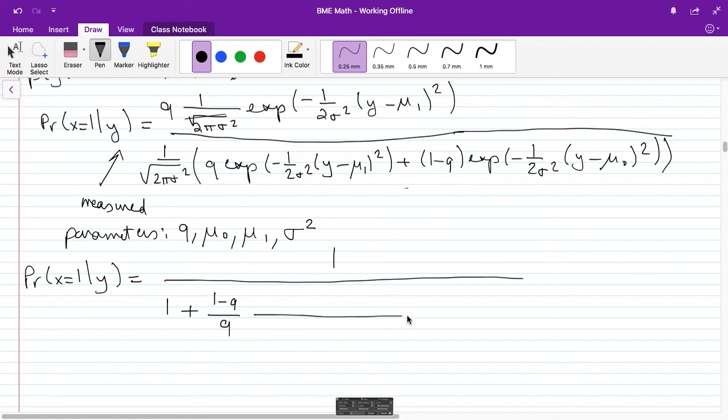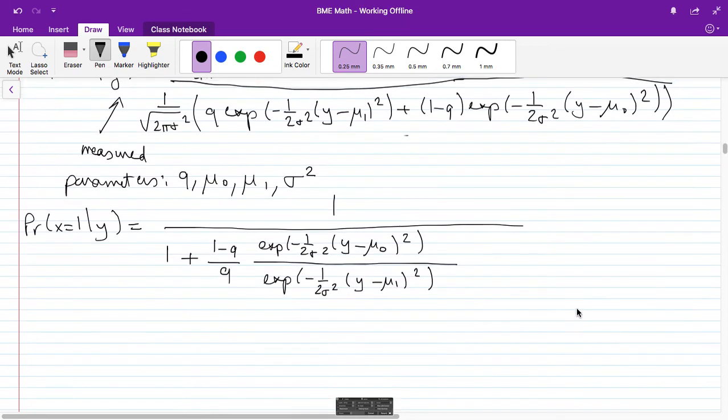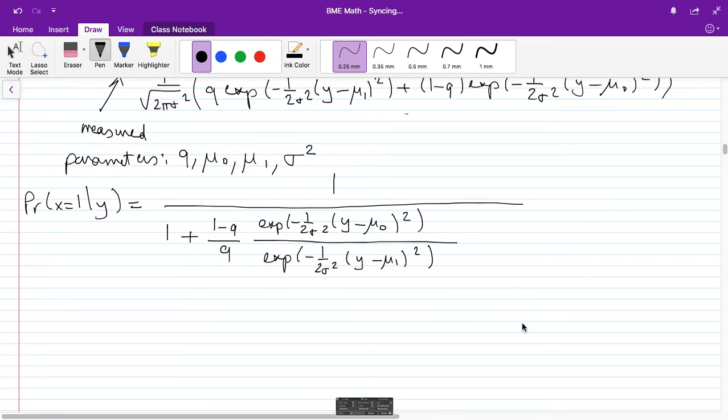Then I'm going to have divided by this. So I want to now bring this ratio inside this exponential, because this exponential divided by this exponential, I can handle it because it's just this exponential numerator minus the numerator of this exponential.